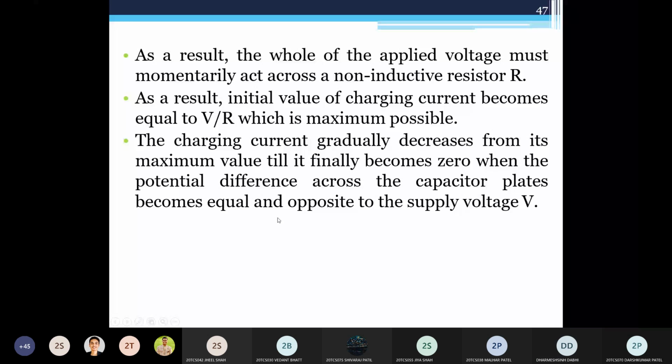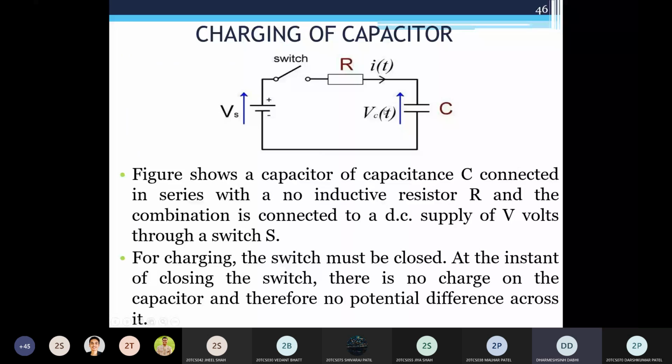It means what? Here in this figure, initially Vc is 0, but once your capacitor starts charging and becomes fully charged, the voltage across the capacitor becomes the same as the supply voltage. Yes. So what will happen?